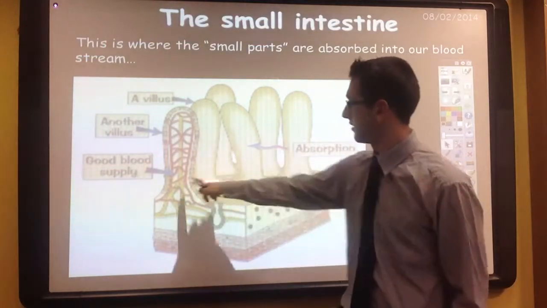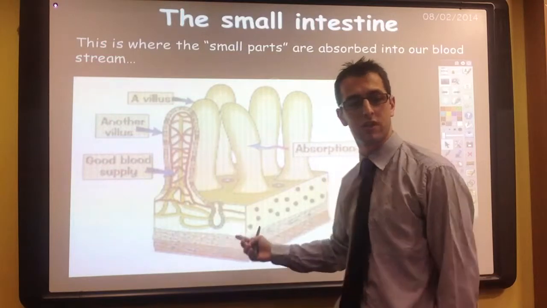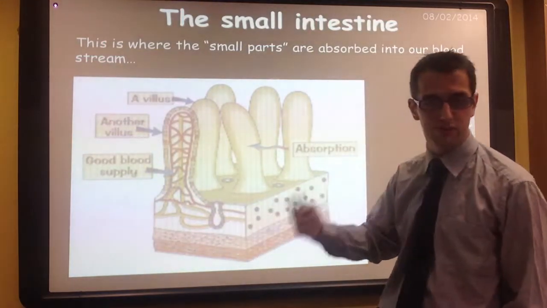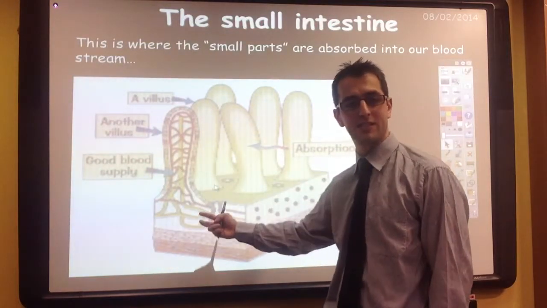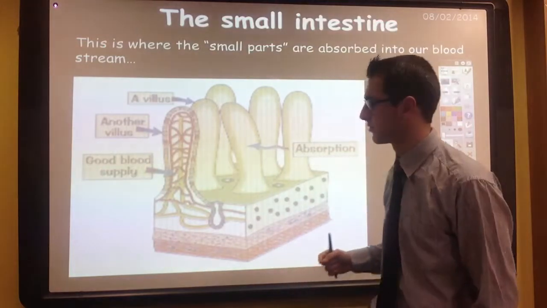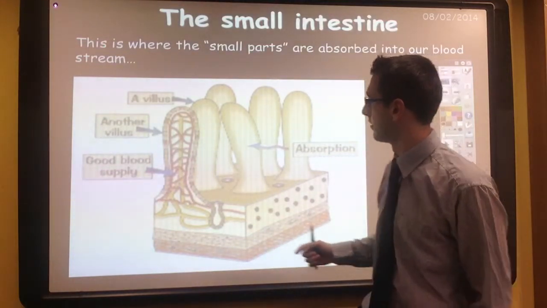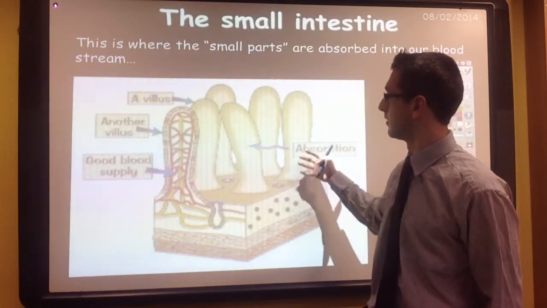Each one of these villi, if you look at this one, has its own rich blood supply, again, just like the lungs did, to have a rich blood supply over each alveolus. Rich blood supply to maintain a steep concentration gradient, maximising the rate of absorption into the body's blood system. The large surface area increases absorption.